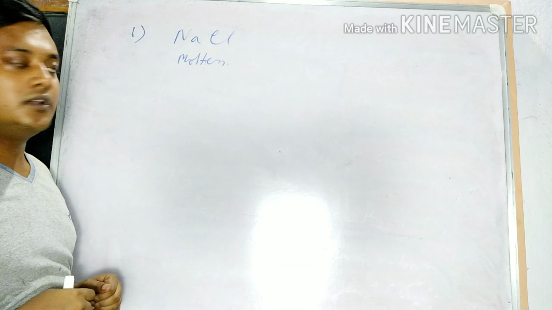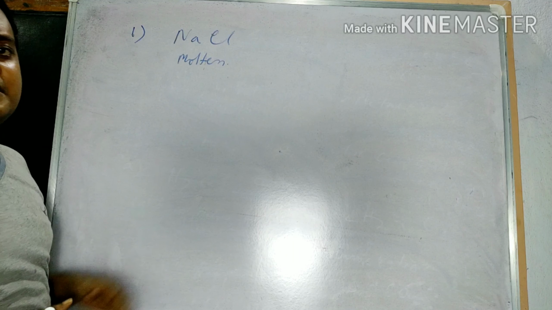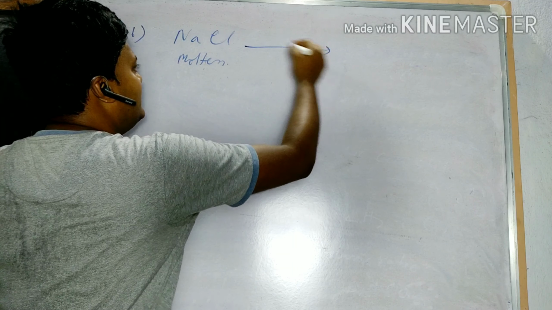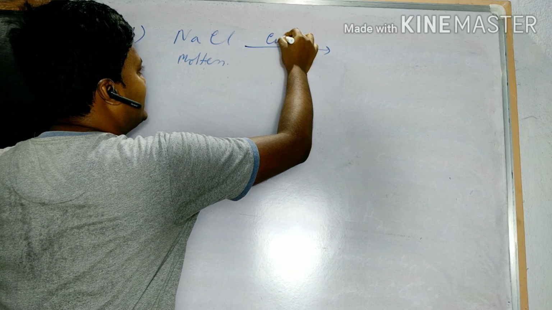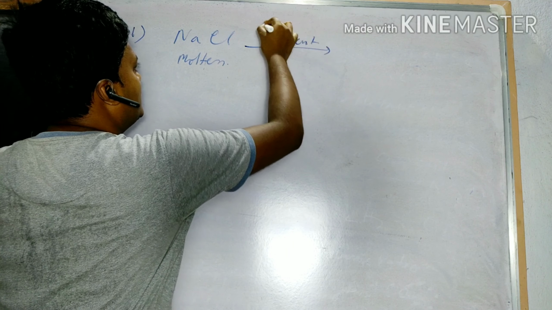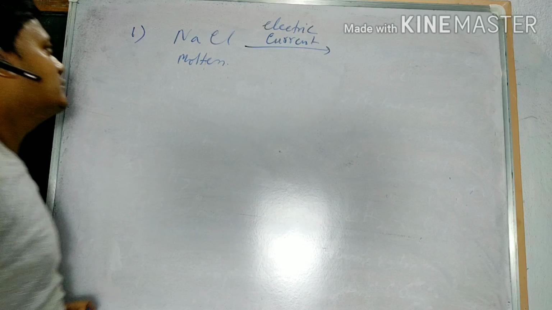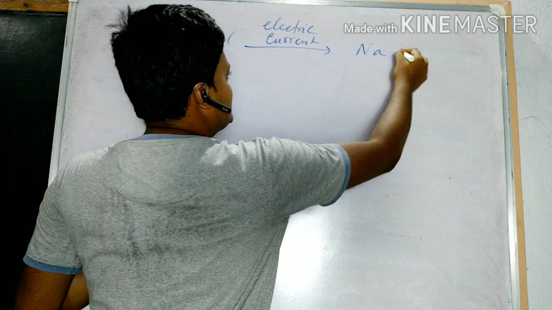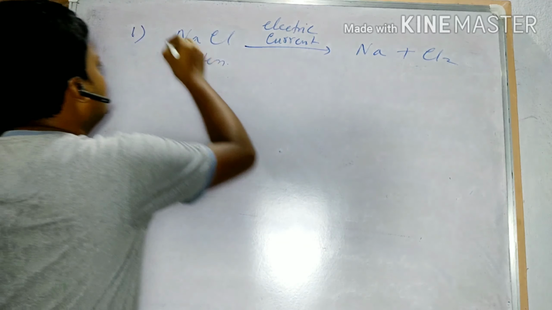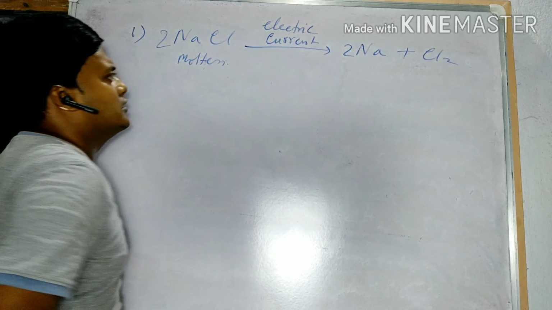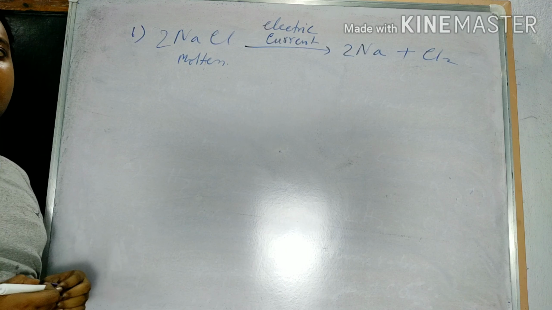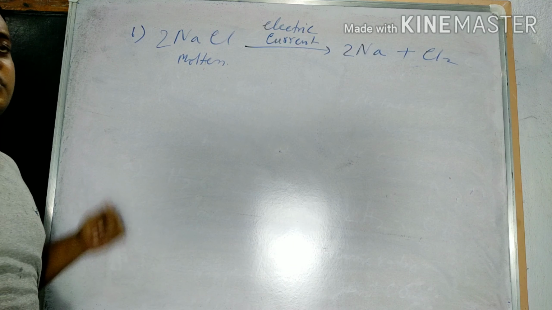So we have to take molten NaCl. In molten NaCl, if we pass electric current, what happens? In the cathode we will get sodium and in the anode we will get chlorine. So that is another example of electrolytic dissociation.